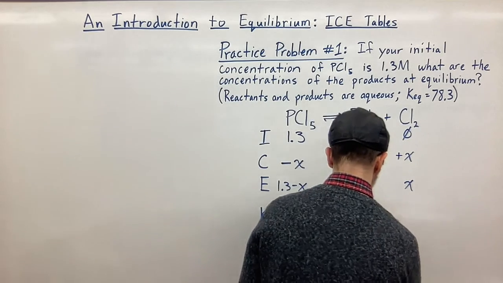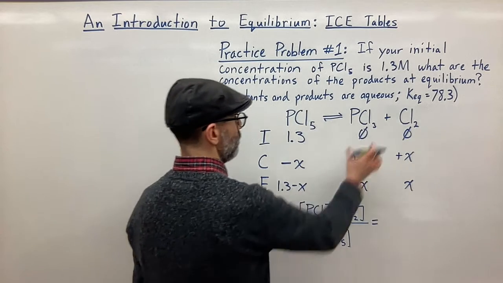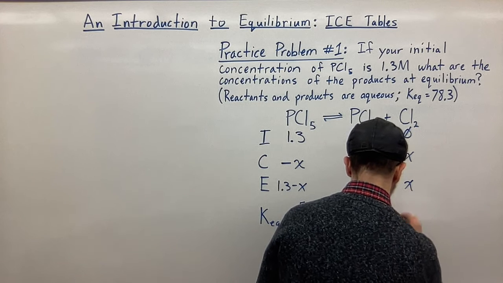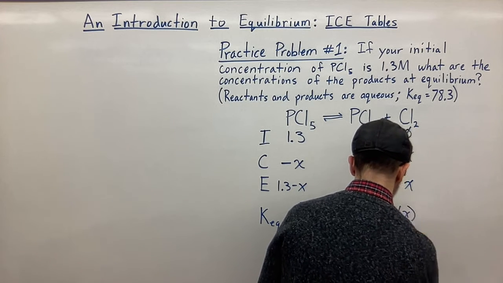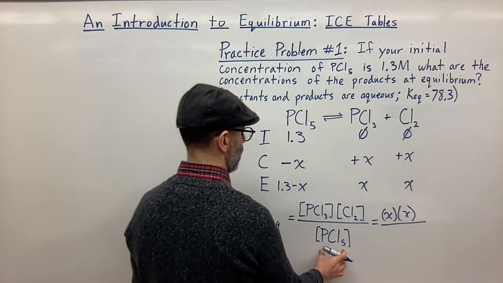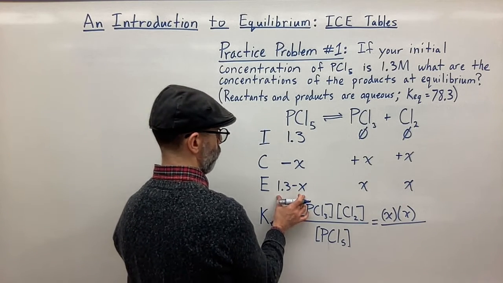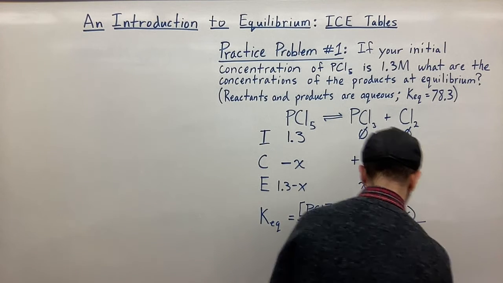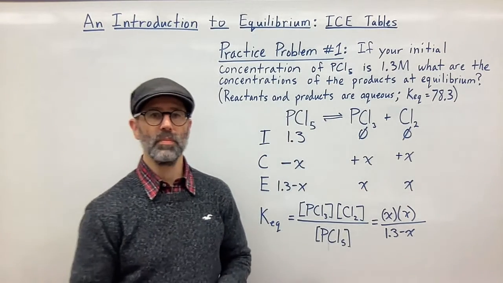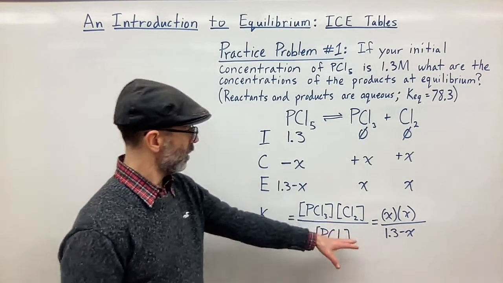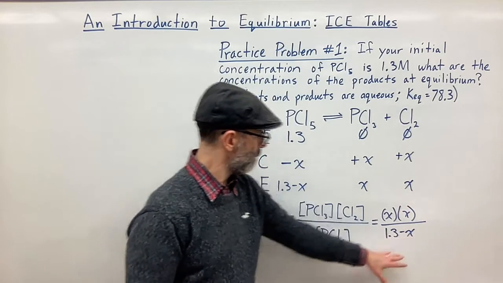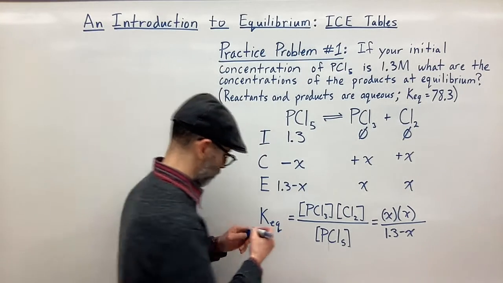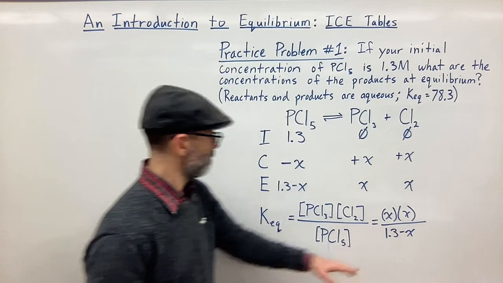My PCl3 and Cl2 are both x, so it's going to be x times x over PCl5, that's your 1.3 minus x. So now I have my equilibrium constant expression in terms of x.